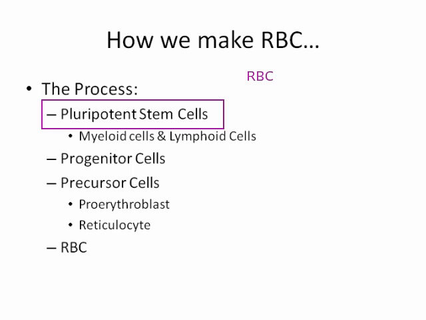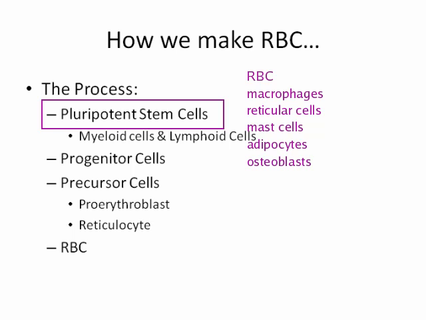But in addition to that, they can also become macrophages, reticular cells, mast cells, adipocytes, osteoblasts, chondroblasts, sorry, and muscle cells.